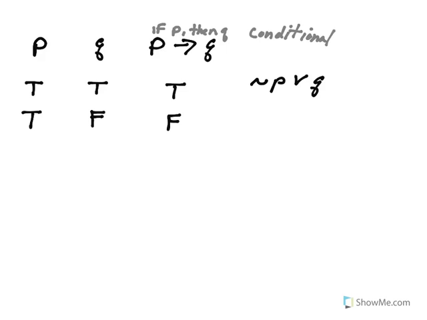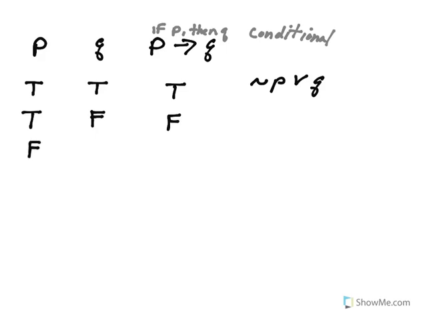So how do you read this? If P is true and Q is true, then it'll result in a true statement if those conditions are met. And if you have a true statement and a false statement, then your overall condition will be false.